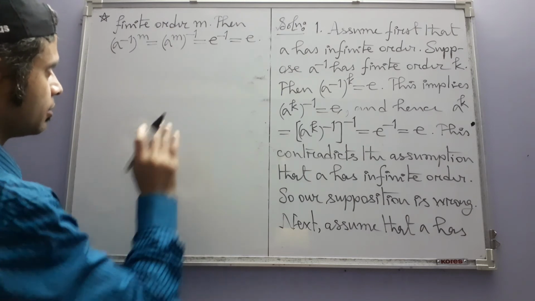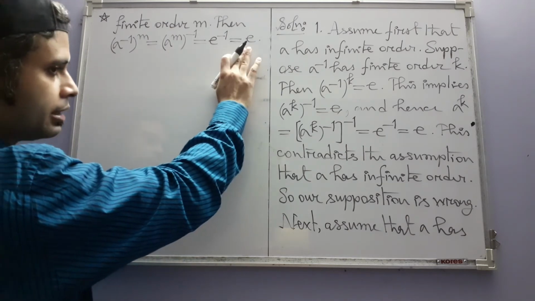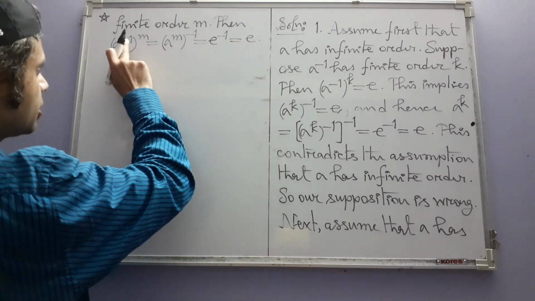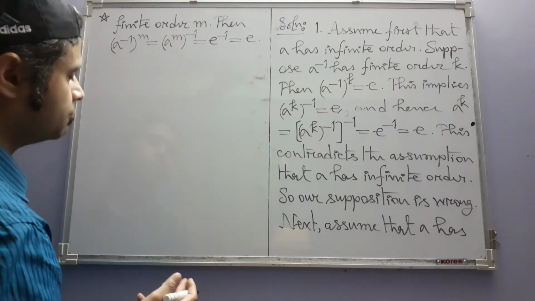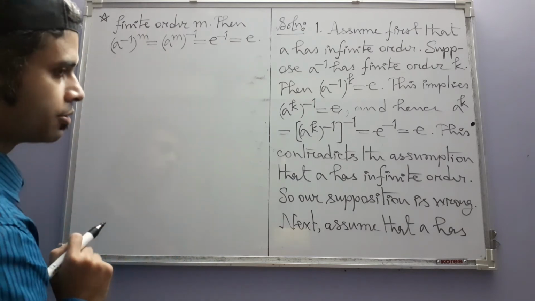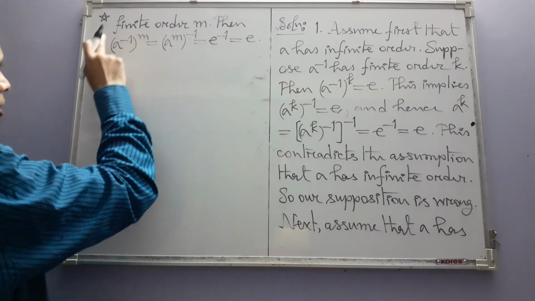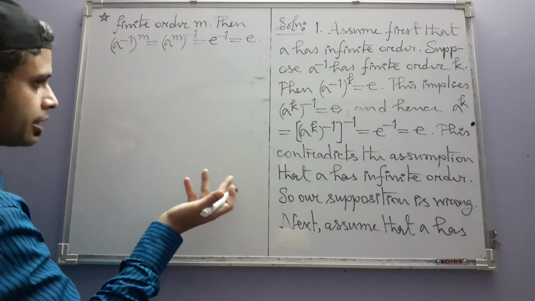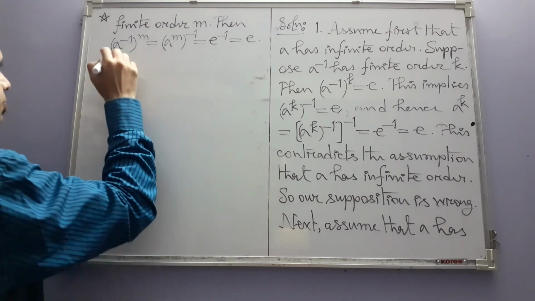This does not all by itself prove that the order of A inverse is m. It only proves that the order of A inverse is finite and less than or equal to m. Who knows, maybe a smaller power of A inverse also becomes identity. So now we suppose that.